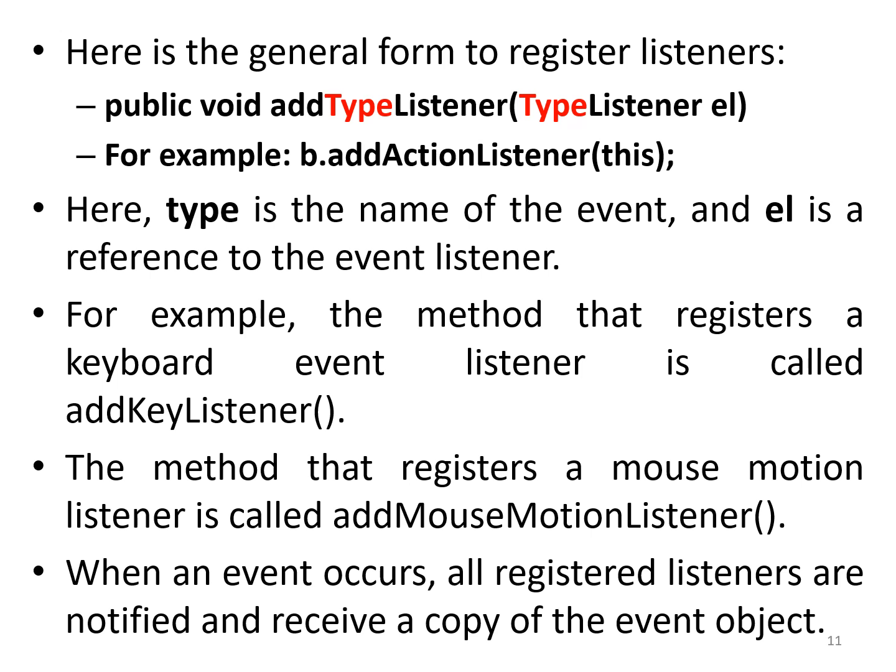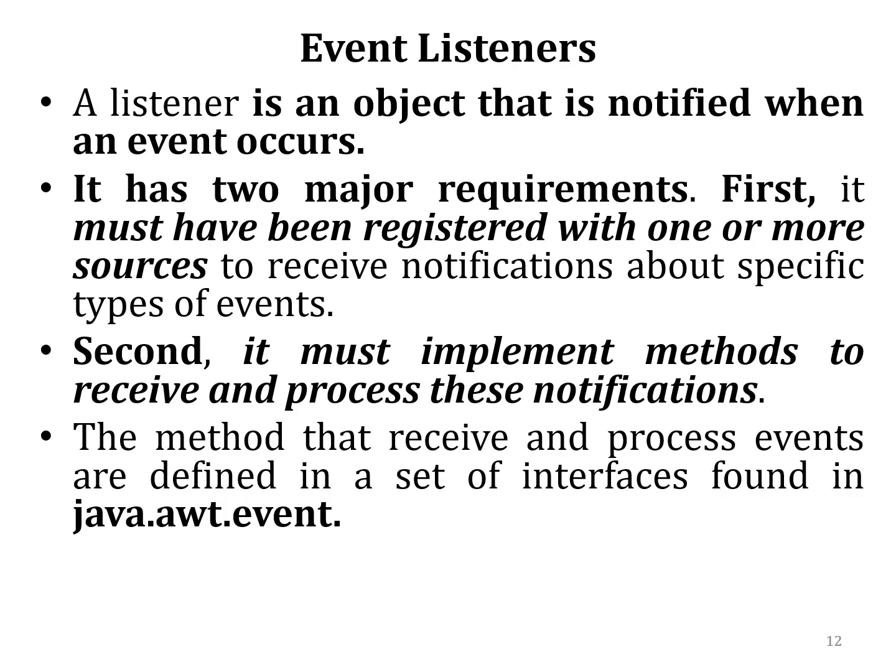Type means it depends on the type of event. So while registering a particular listener, it depends on the particular component. If you're using a button, you use the action listener. If you're using the keyboard, you have to use the key listener. If you're using the mouse, we can use the mouse motion listener. So it depends on the particular component.